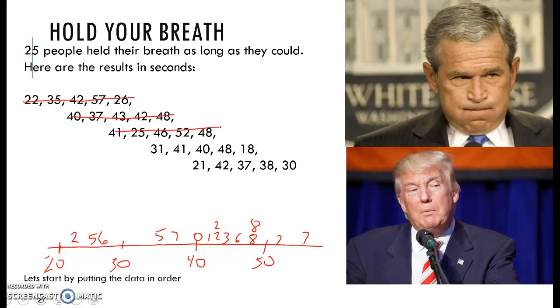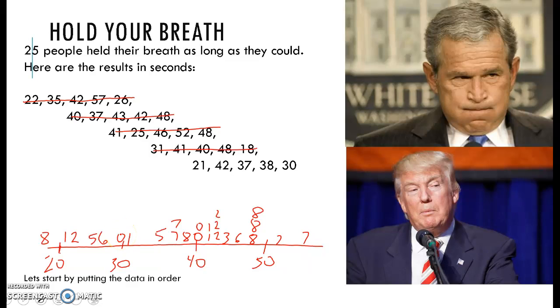If I move on to the fourth row, we've got a 31, a 41, a 40, a 48, and an 18. And then the final row is a 21, a 42, a 37, a 38, and a 30.